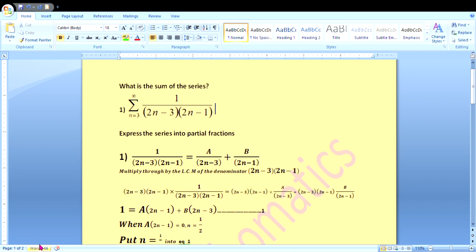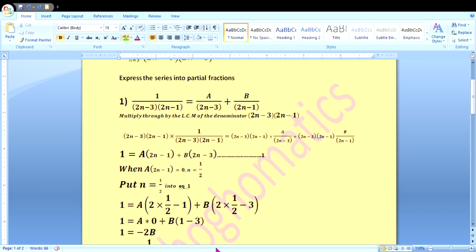On the left hand side, we divide (2n minus 3)(2n minus 1) by itself and the left hand side becomes 1. Similarly, (2n minus 3)(2n minus 1) multiplied by A over 2n minus 3 becomes A into (2n minus 1) plus, similarly, (2n minus 3)(2n minus 1) multiplied by B over 2n minus 1 becomes B into (2n minus 3). And this is labeled as equation 1.